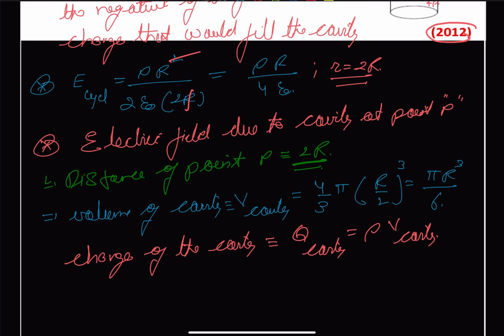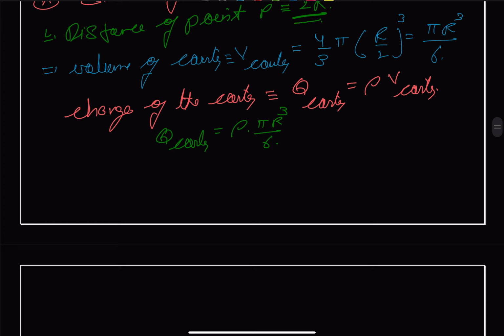So Q cavity will be equal to rho multiplied by pi r cube divided by 6. Now we can find the electric field at a distance small r. So we have to keep track of the small r and capital R.